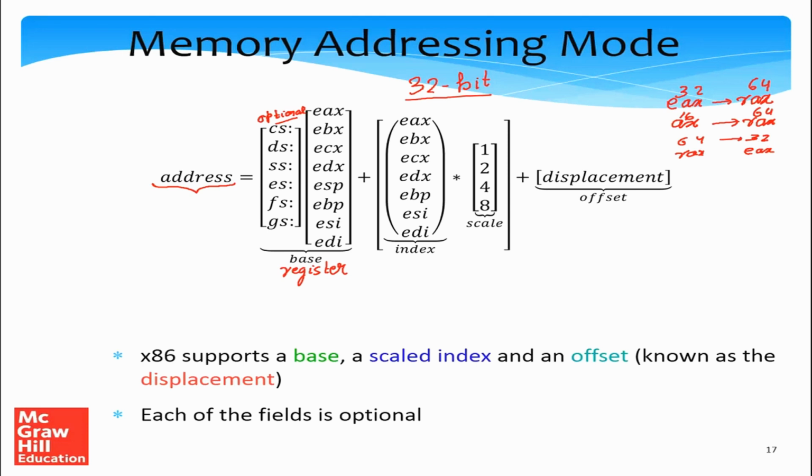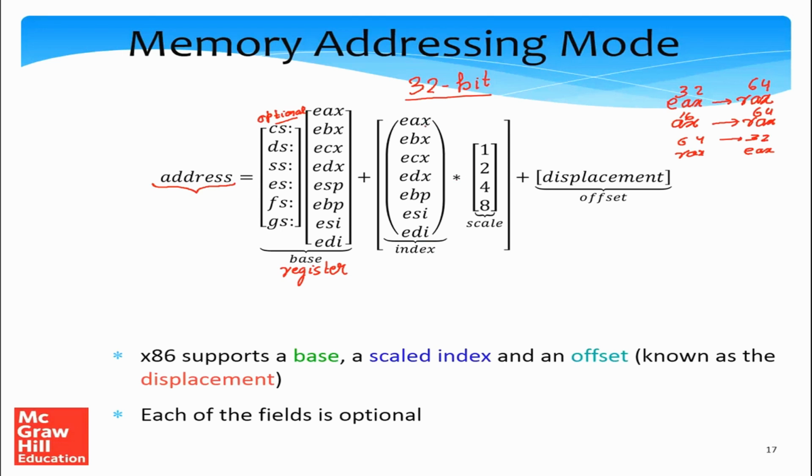Coming back to our present discussion, here we have a base register, where the base register can be any of the first 8 registers. Plus, this is a scaled indexed addressing mode that we can have, where again the scale is optional.